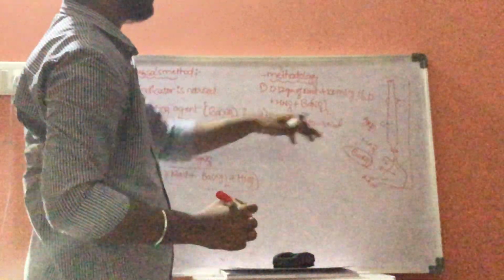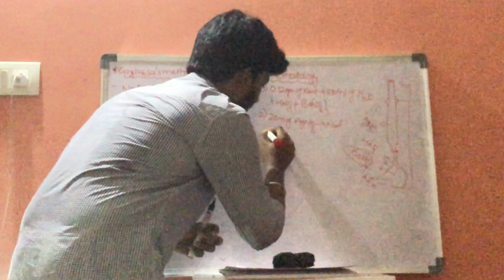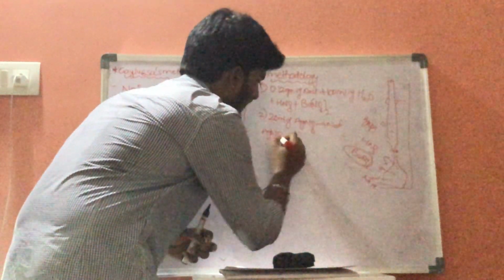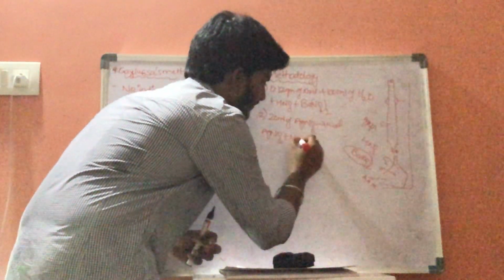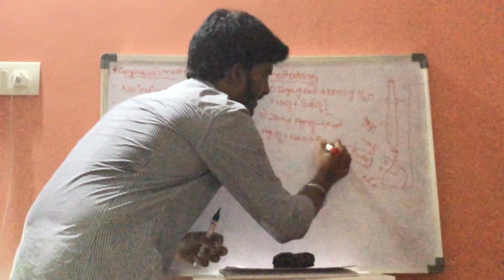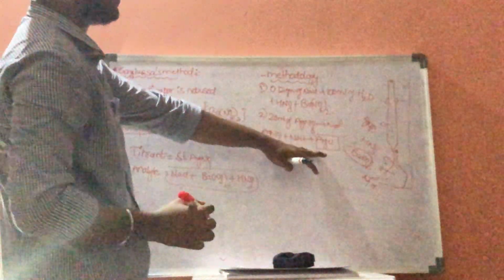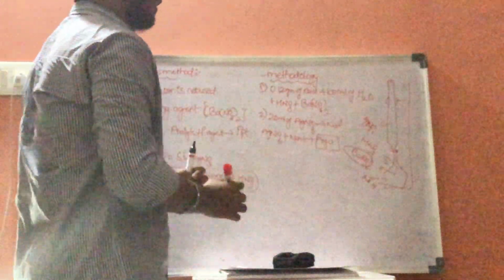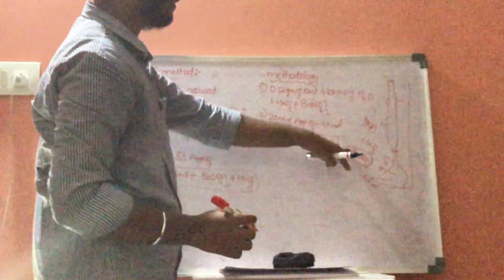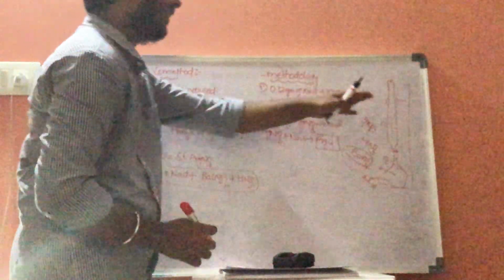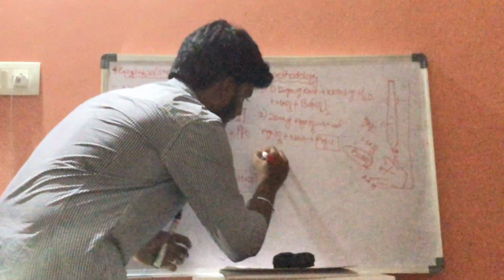After pouring this 20 ml of AgNO3, it will react with NaCl to form silver chloride precipitate with the help of barium nitrate. Now, after the formation of silver chloride precipitate, add one drop.